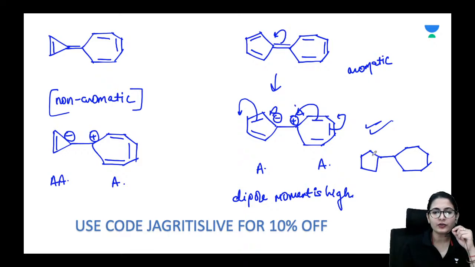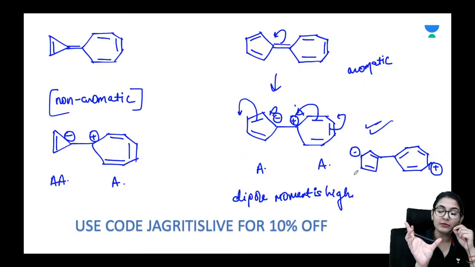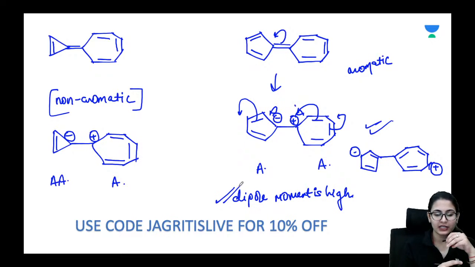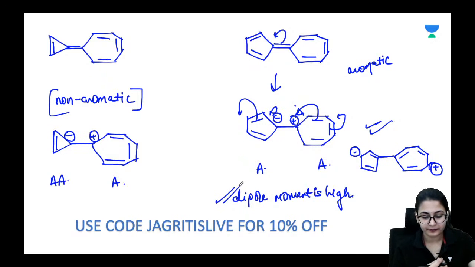If I take the double bonds very far away, the charges go very far apart, then also the ring is going to be aromatic. And then the distance between the charges increases and the dipole moment is high. So for those rings which have a high dipole moment, they are definitely aromatic in nature, and vice versa you can say. Okay. Yes.